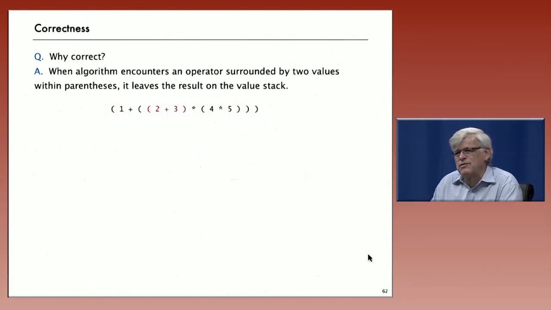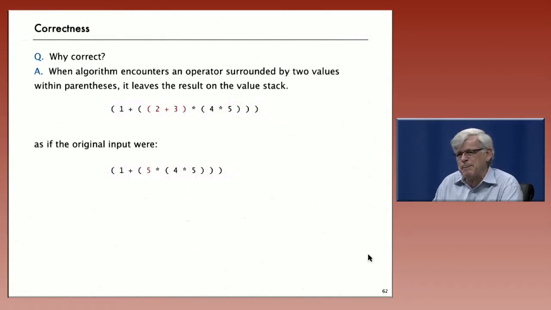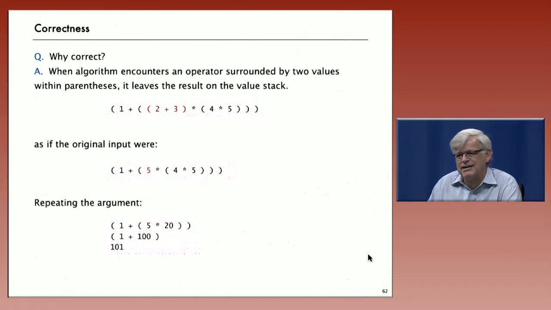Then when it hits that right parenthesis, it's going to perform the operation, and it proceeds exactly as if the original input were that with the value replaced. So going from the inside out, for every operation enclosed within parentheses, it just repeats the argument. It's exactly as if the original expression were 1 plus 5 times 20, and then again replacing that, 1 plus 100, 101. That's why Dijkstra's algorithm works.